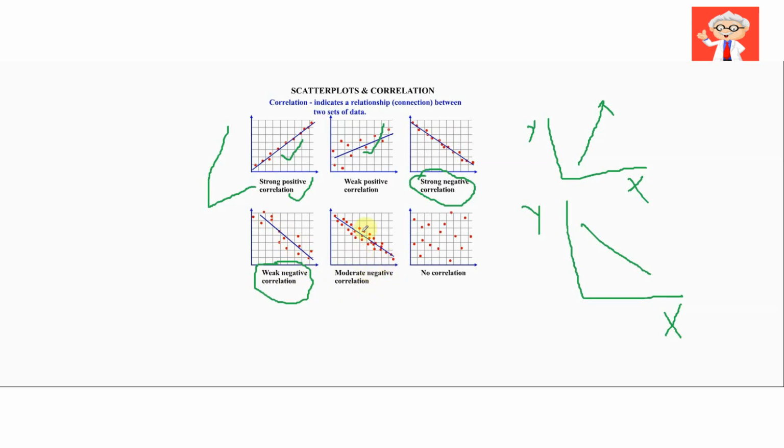In this case some values of the variables are not perfectly lying on the line, but compared to the previous one, more values are lying along the downward sloping straight line. So this shows the moderate negative correlation. But here there is no correlation, the data are not correlated, so this is called no correlation. So these were the simple examples and types of correlations in statistics.